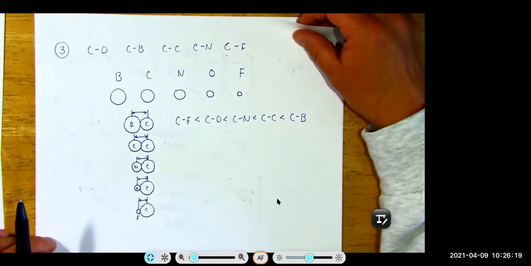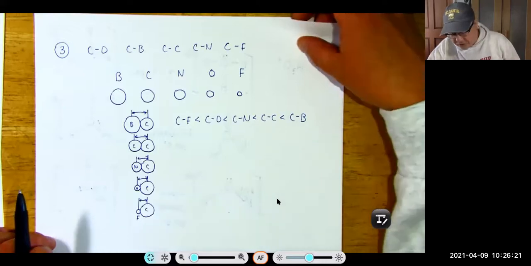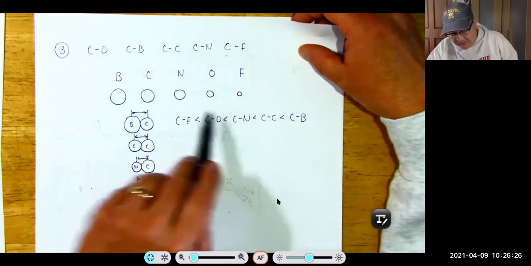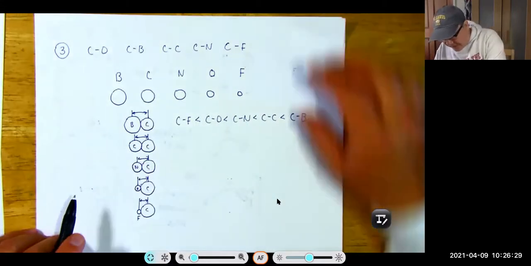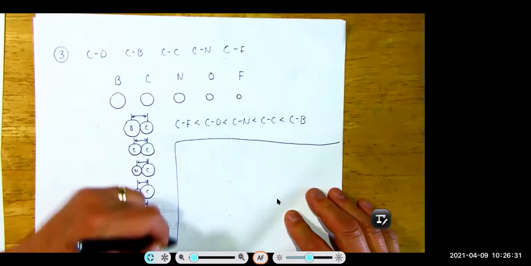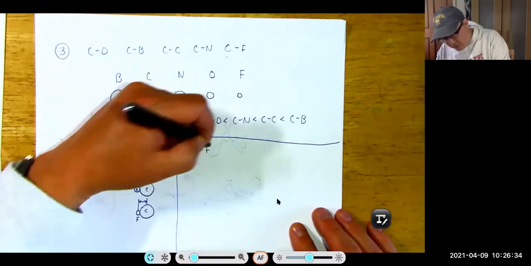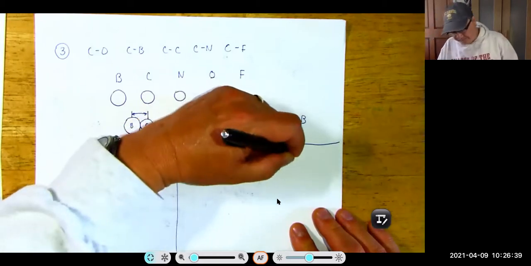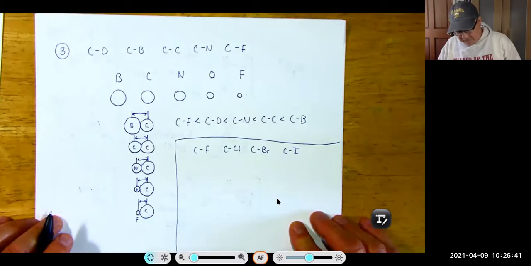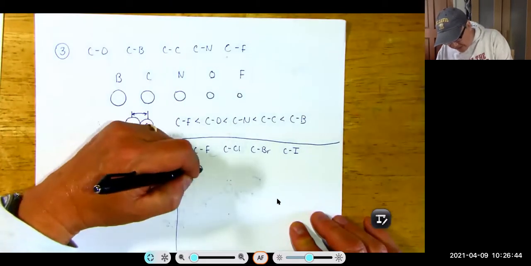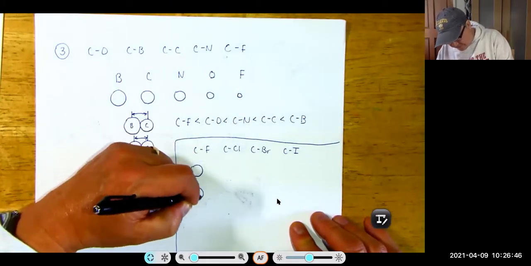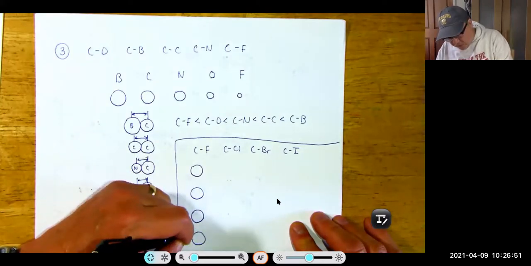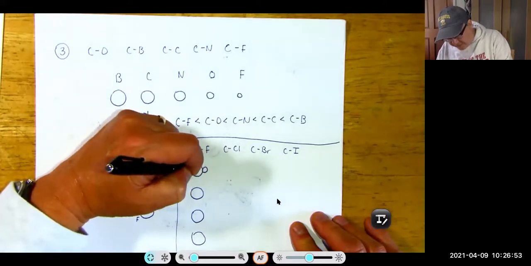Is it possible to have a situation where it's like the opposite and you're looking down a group? Sure. You could be asked the question, well, what about a carbon-fluorine, carbon-chlorine, carbon-bromine, carbon-iodine? So here, if we make the carbons all the same size, we already know a carbon-fluorine looks like this, right?